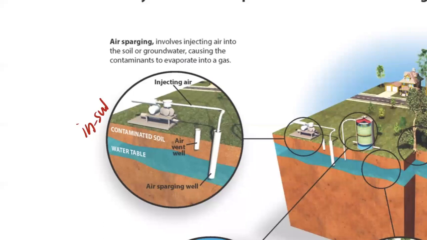If you see there, all you are doing here is injecting air into the contaminated water so that if there are volatile pollutants, they can just permeate out of the soil. So basically, clean air is going to replace the contaminated air, and the contaminated air is going to diffuse out of the ground. So here you are not capturing the pollutant directly. You are just letting it get into the atmosphere.